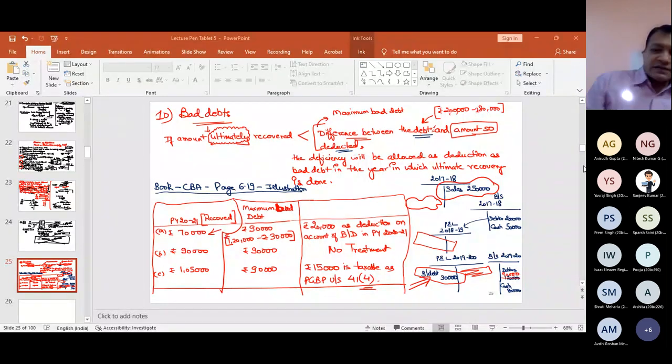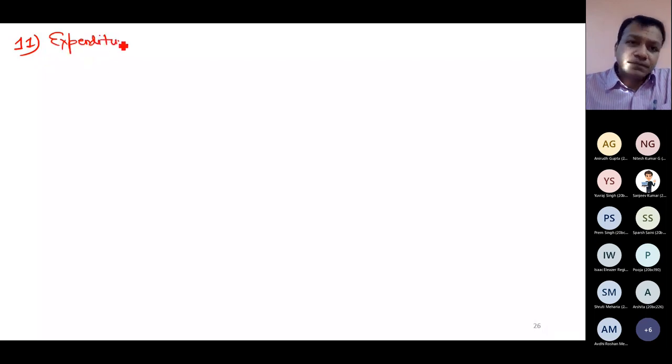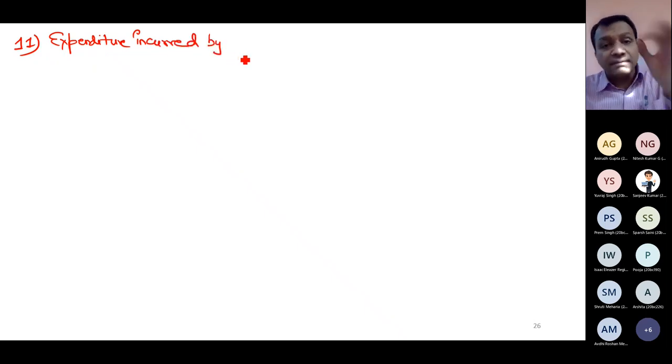Next point. Still section 36 is going on. Next point, the 11th point: expenditure incurred by a company. Now I am deliberately using the word company. So it is allowed only to a company assessee, not to an individual businessman, HUF businessman, or firm businessman. Only a company can claim it.